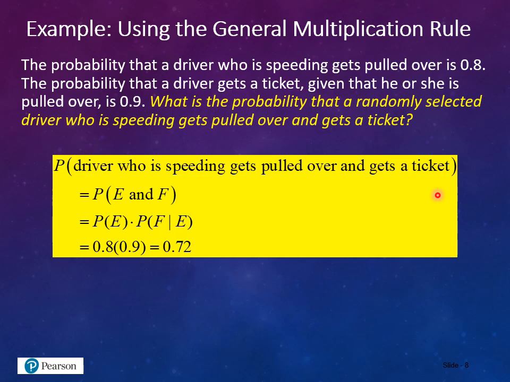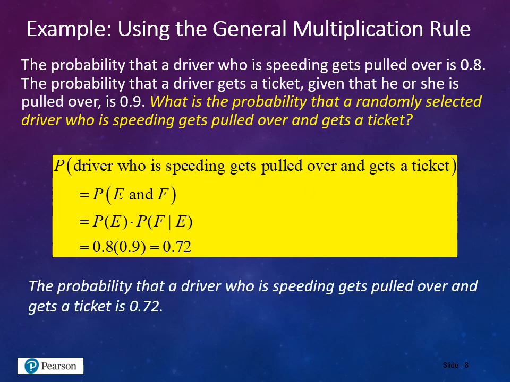Okay. So the one thing that I didn't do here, we should have assigned these as E and F. E is the probability that a driver who is speeding gets pulled over. So you might say E is pulled over and F is gets a ticket. Okay. The probability that a driver who's speeding gets pulled over and gets a ticket is 0.72.